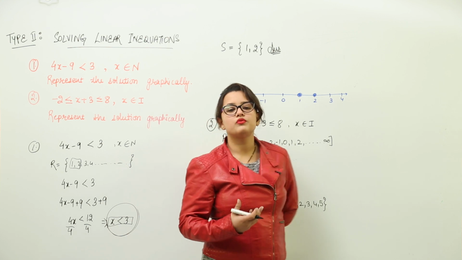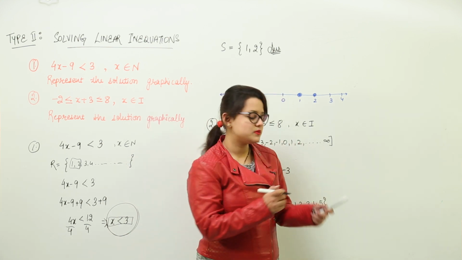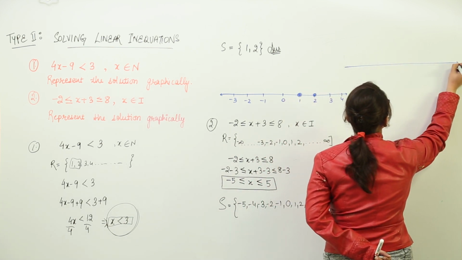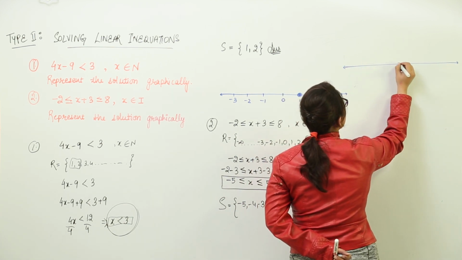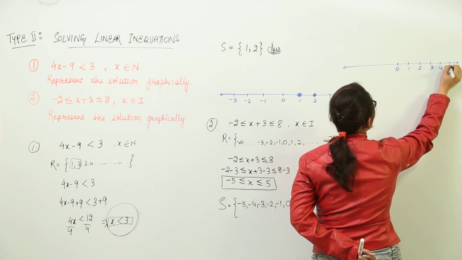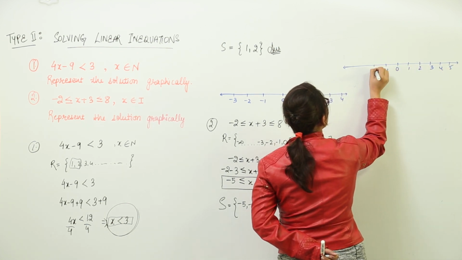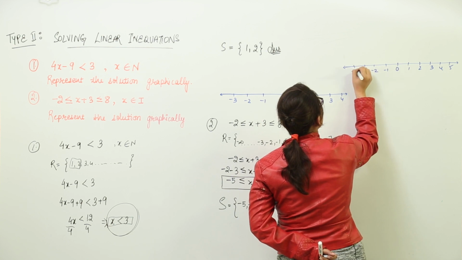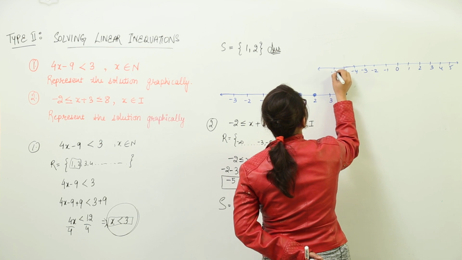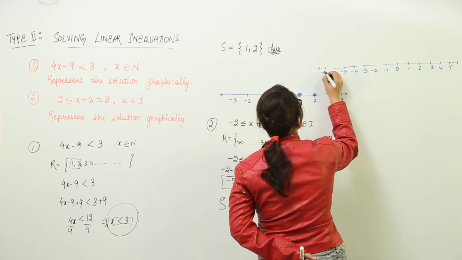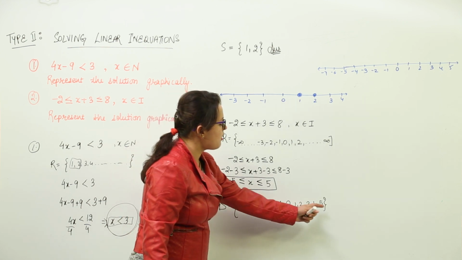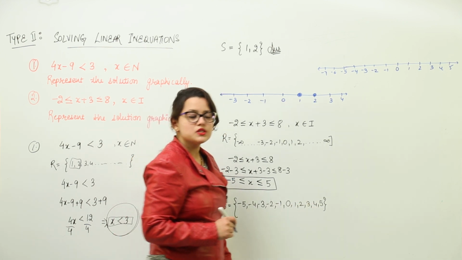Now comes the graphical representation. I am going to draw another graph over here: 1, 2, 3, 4, 5 and minus 1, minus 2, minus 3, minus 4, and if you continue further you would get minus 5, minus 6, minus 7 and so on. We are to represent the values from minus 5 up to 5 with dots.